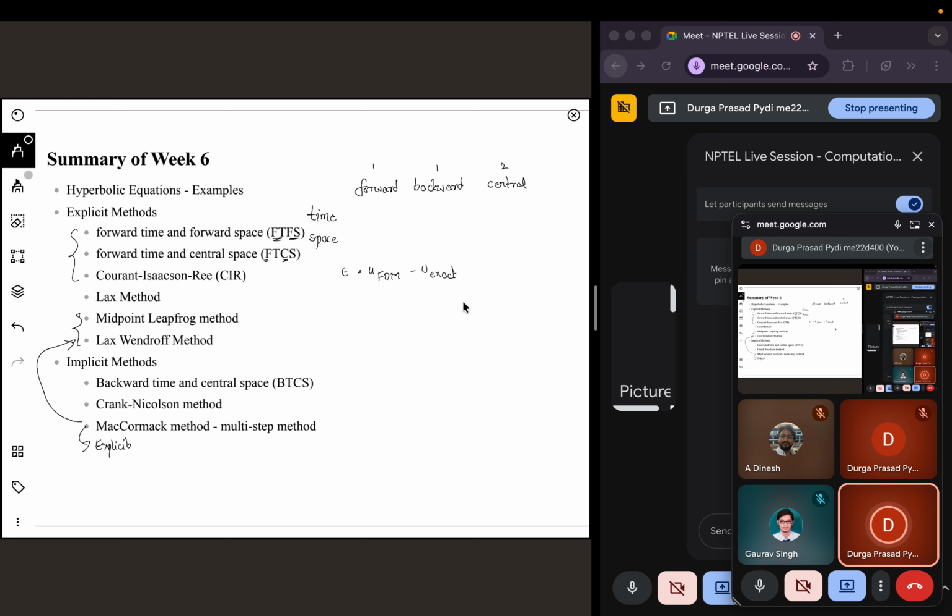Then we discussed dissipation error and dispersion error. The conclusion is that whenever the truncation terms have a double derivative or some even order derivative, that causes dissipation, and anything that has odd order derivatives will give us the dispersion error. Dissipation error reduces the amplitude, and kind of smooths out everything. Dispersion error, on the other hand, gives some extra wiggles inside our solution, which are basically noise that has a different wavelength and is traveling at a different speed from the original solution.